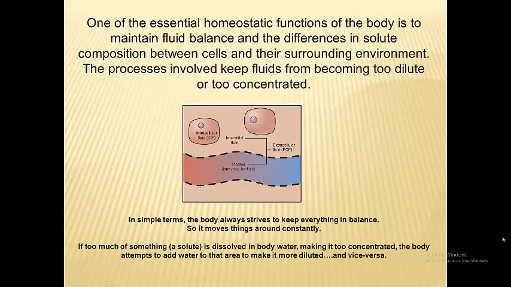Everything's dissolved in water, so we want to keep everything balanced everywhere. We don't want too much of anything collecting over here and not enough over there. We want equal amounts inside cells, intracellularly, and outside cells, extracellularly. So everything's got to be moved around, and we can thank water for that.